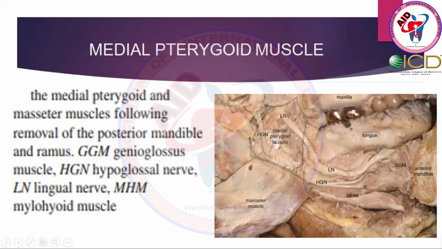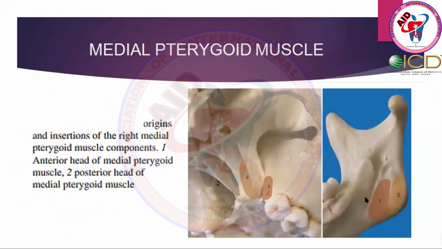This is the cadaver dissection. You must have the orientation of the location of the medial pterygoid. While we are talking of the origin, this origin is right from here. This is the tuberosity of the maxilla, just the posterior aspect of the tuberosity of the maxilla.